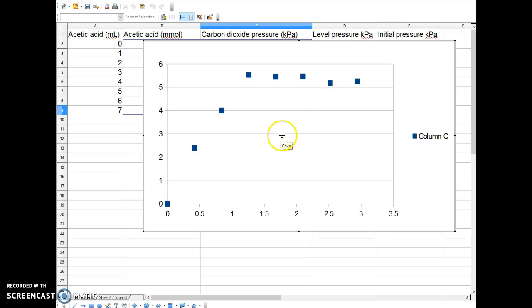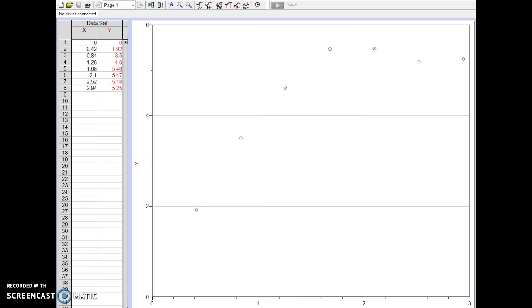I've taken these numbers for a specific set of results, not these results, but kind of an average set of results, and I've moved them back to LoggerPro, and we'll show you that here in a moment. Here are some representative numbers.